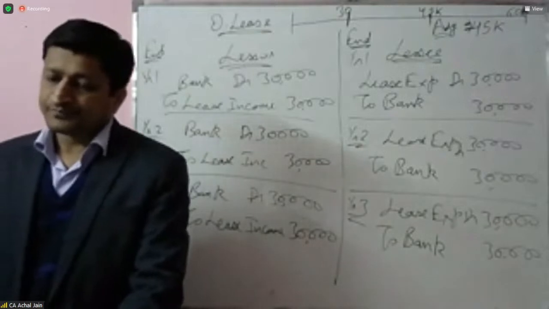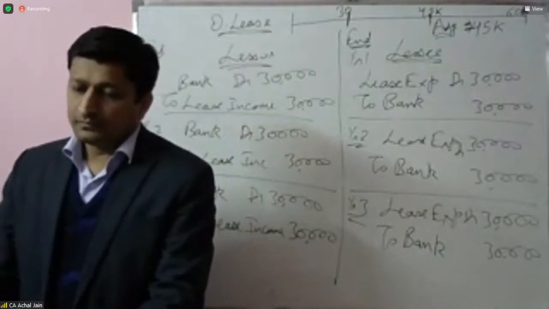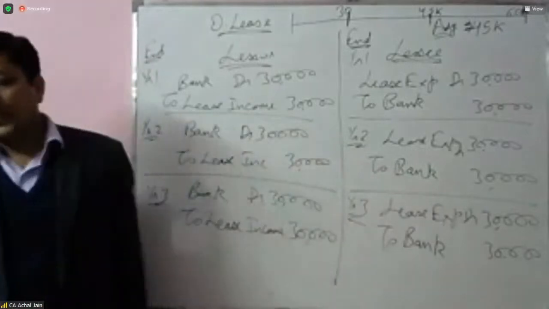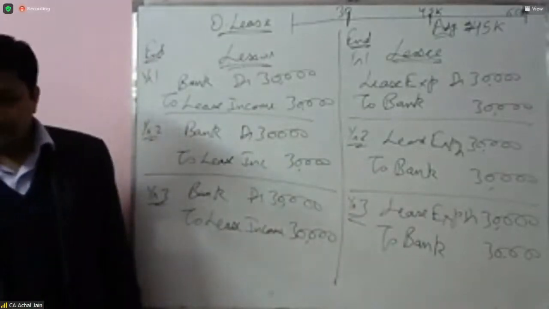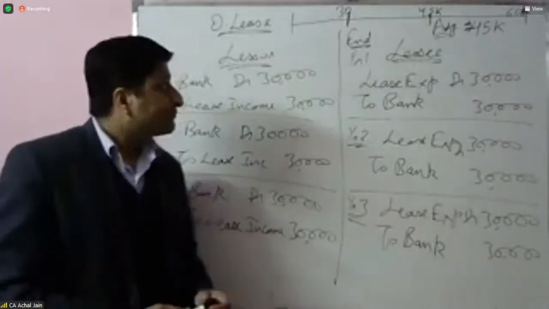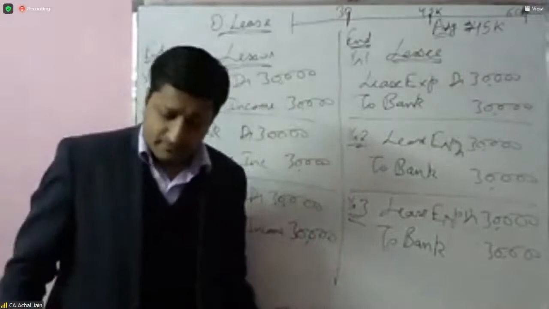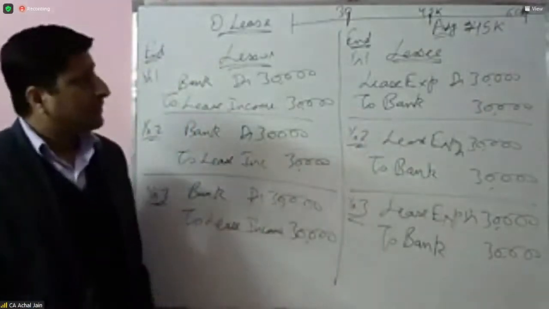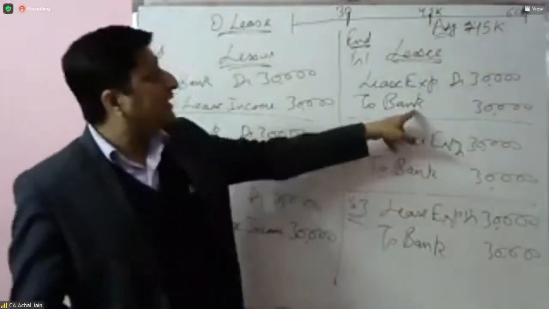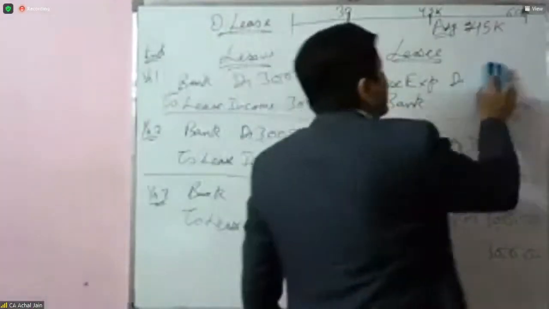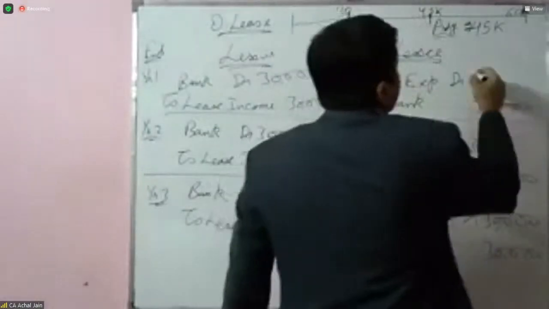Now, in this case, what will happen? Let's understand. If we look at the accounting of the lessee, in the first year, even though the payment is only 30,000, the expense that we will be required to book will be 45,000.